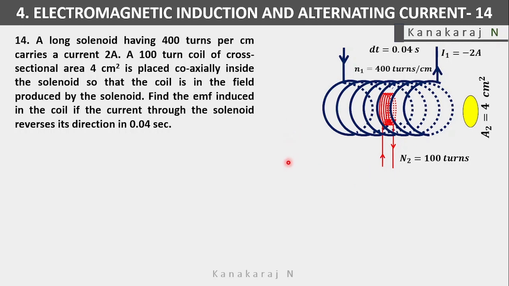Now we have to find dI1, the change in current in the primary solenoid. dI1 equals minus 2 minus of minus 2 ampere, so dI1 is minus 4 ampere. It happens in a time of 0.04 second. We have to find epsilon 2,1, the EMF induced in the inner coil.